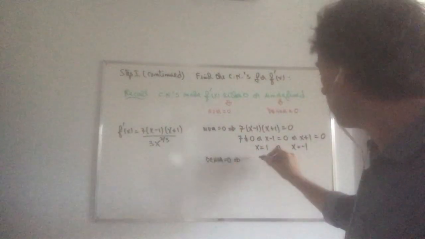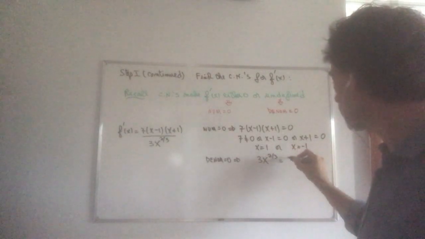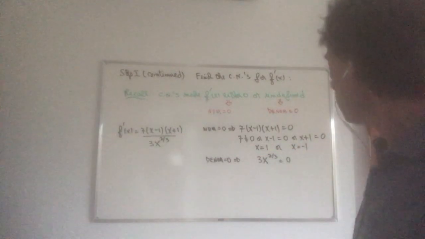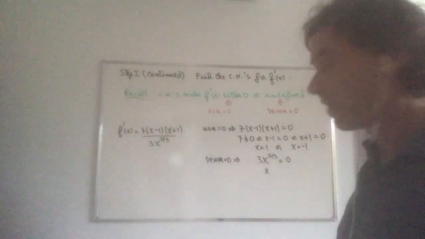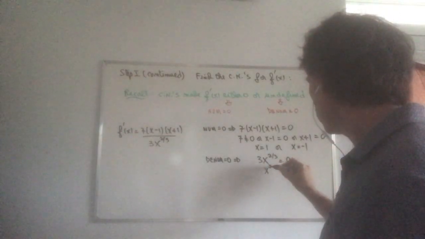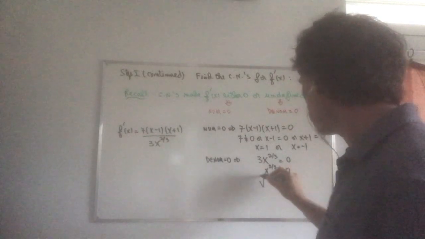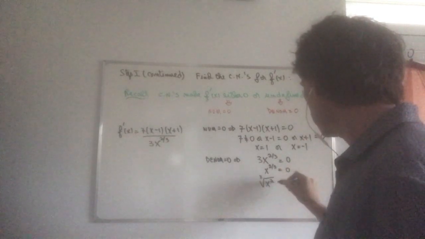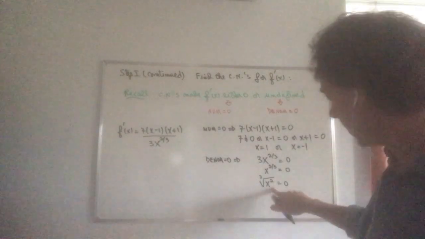The denominator being made equal to 0 yields 3 x to the 2/3 equal to 0. I can divide both sides by 3. What is 0 divided by 3? 0. So, just to fix the ideas, this is the same thing as the cube root of x squared equal to 0, right?